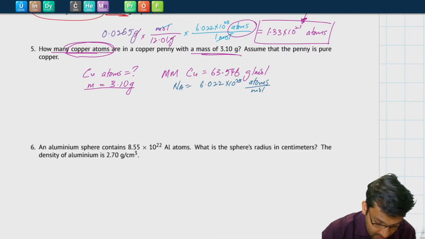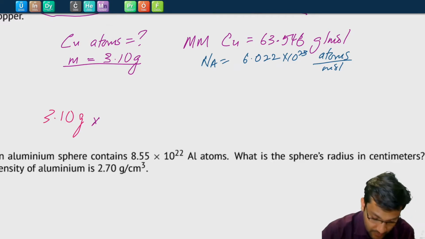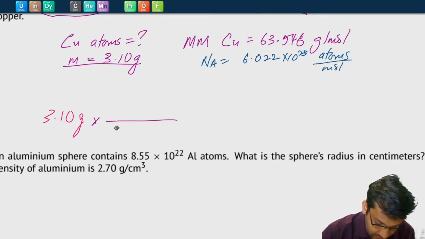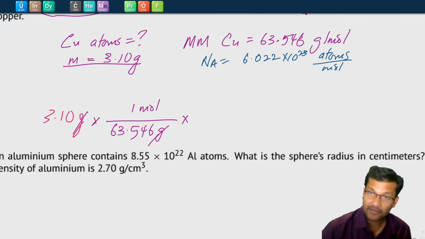We start with mass. In this example, 3.10 grams. We use the molar mass to convert to number of moles, and we're going to put the grams on the bottom, so 63.546 grams for 1 mole, and that'll help us convert from grams to mole. And then we can use Avogadro's number to help convert from moles to number of particles.